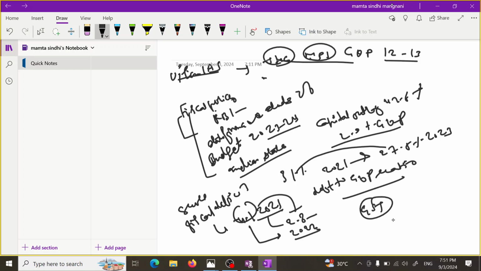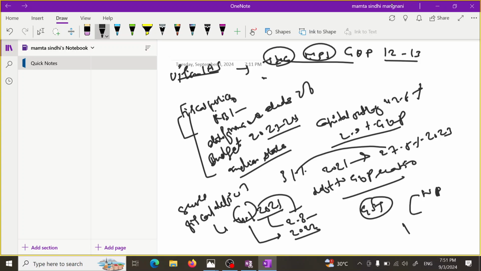Tax buoyancy is the responsiveness of the tax revenue received to change in national income. How much are taxes changing in response to the change in the national income? So that is called the tax buoyancy.